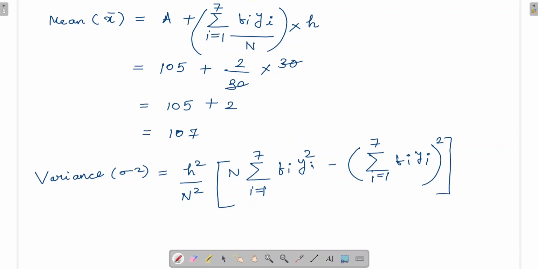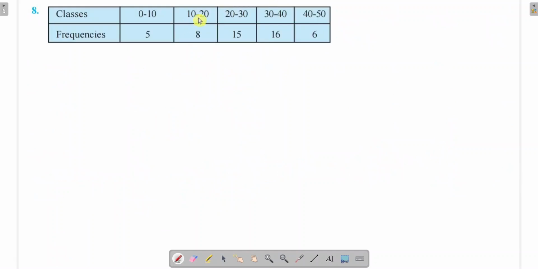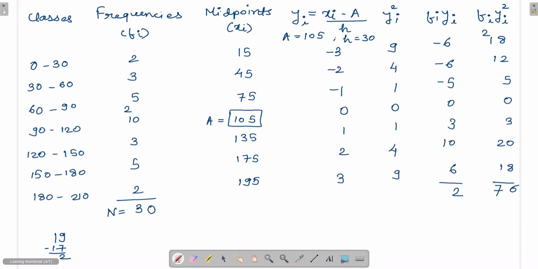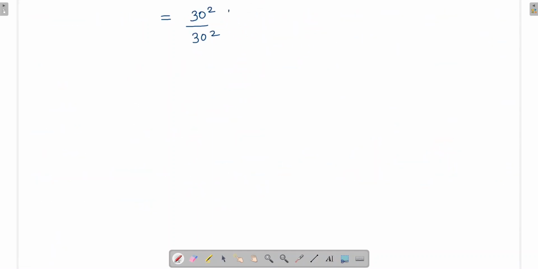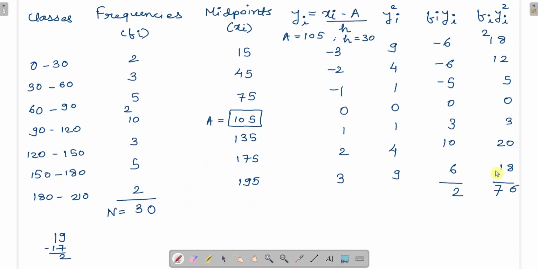So now we have to substitute H and so on. What we will get is equal to H is 30, so 30 square divided by N is also 30, so 30 square, right? Then N is 30 into summation of Fi Yi square is 76.